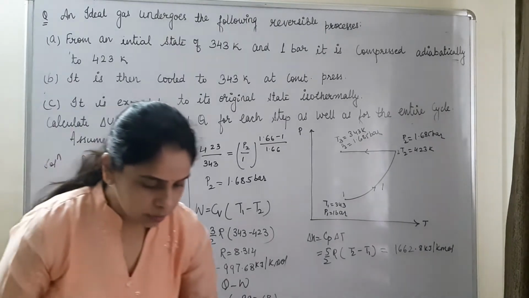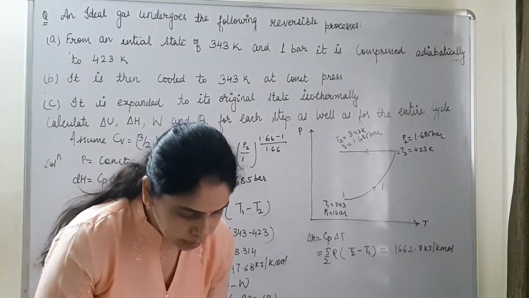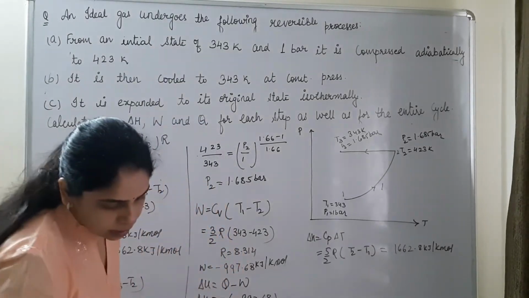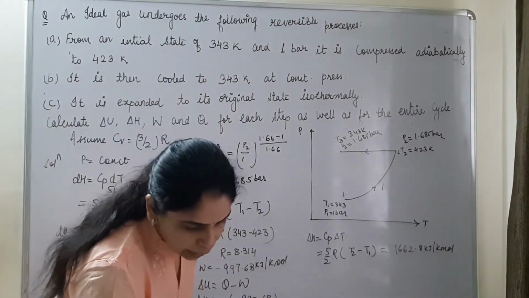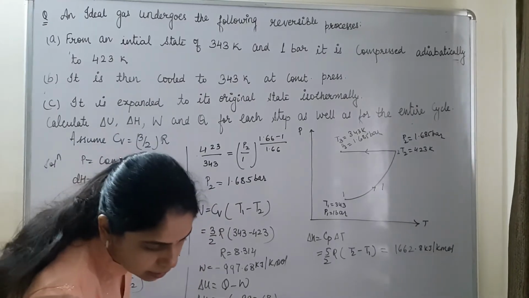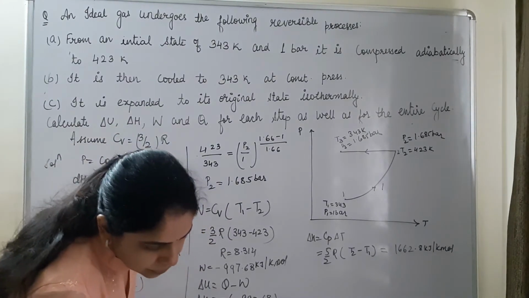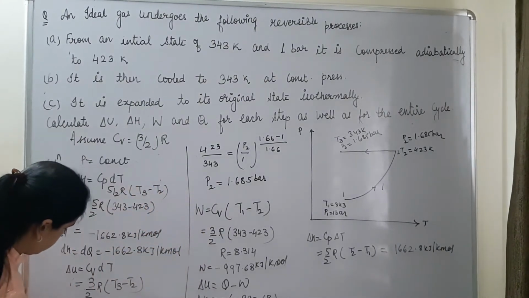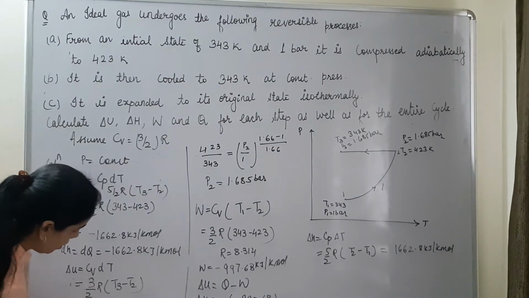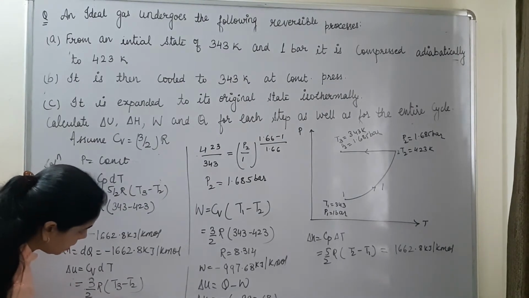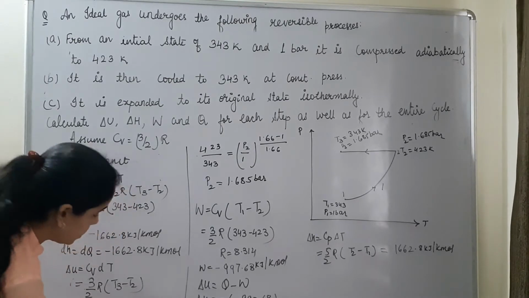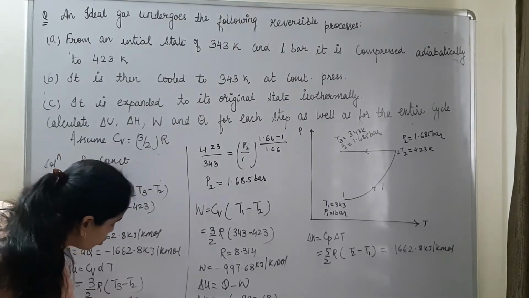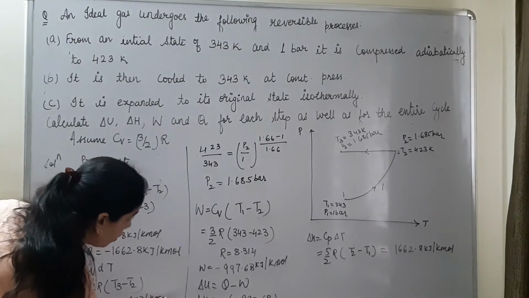When you solve and substitute all the values, delta U comes to minus 997.68 kilojoule per kilomole.